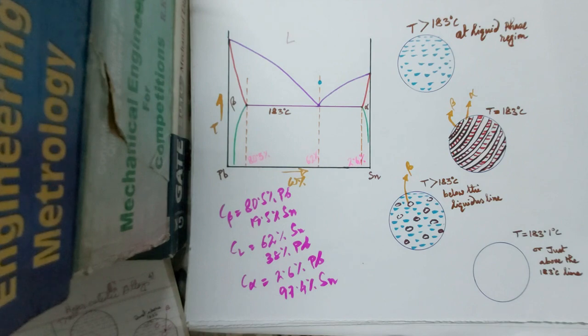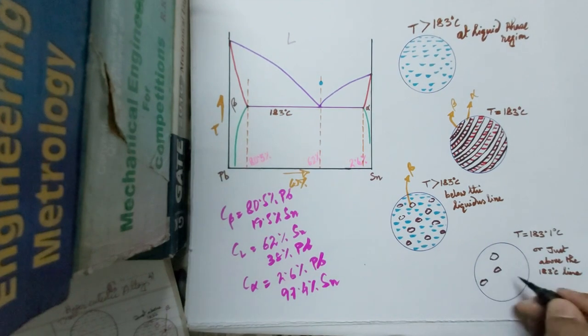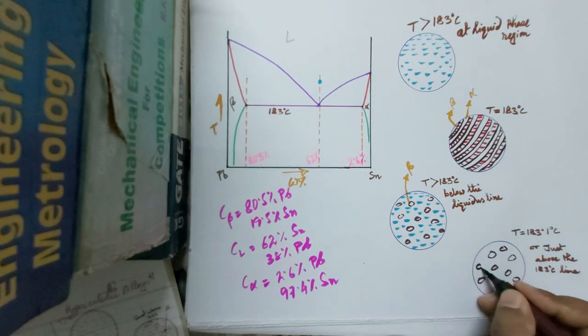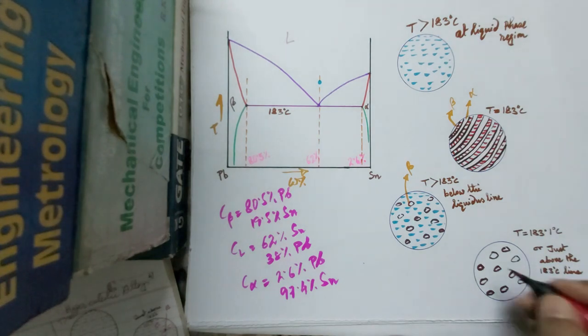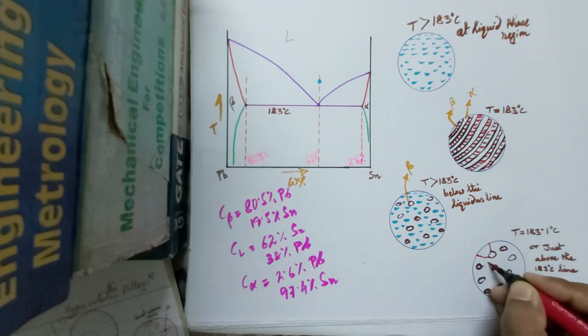Here we have some globular beta, in very small number, and a combination of alpha and beta.